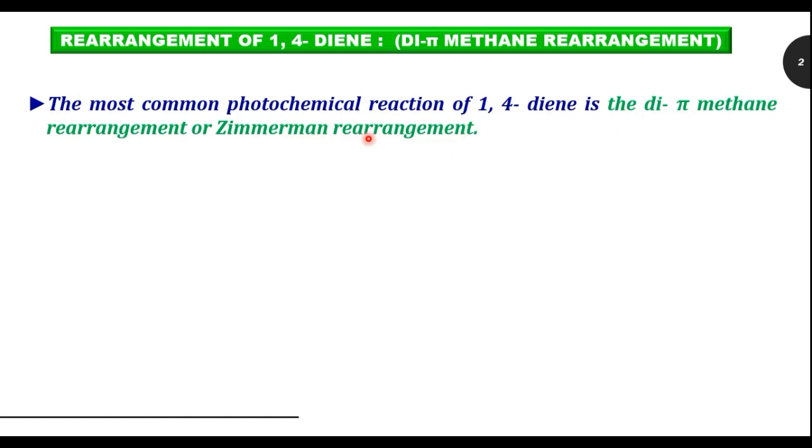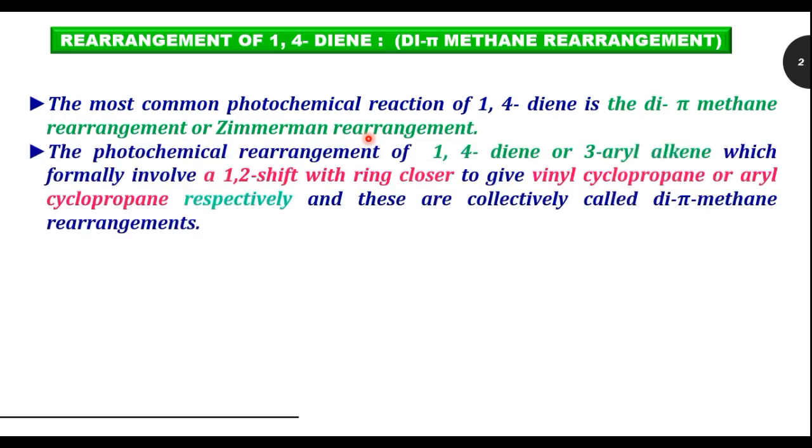So what is the Zimmermann rearrangement? Simply, it is the photochemical rearrangement of a 1,4-diene or a 3-aryl alkene. You can take a 1,4-diene or a 3-aryl alkene.